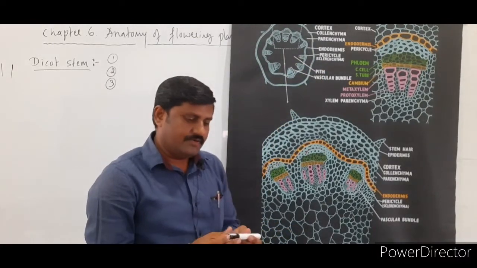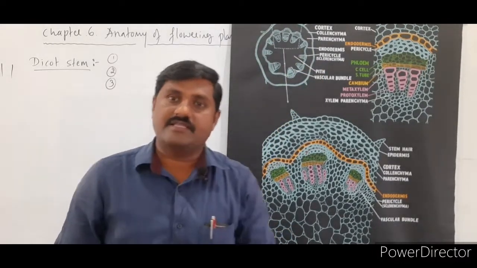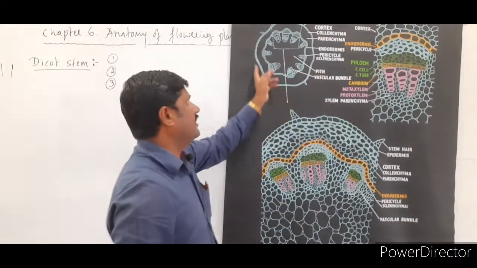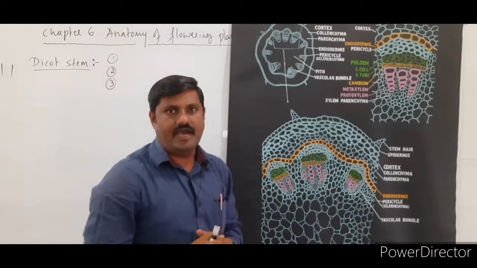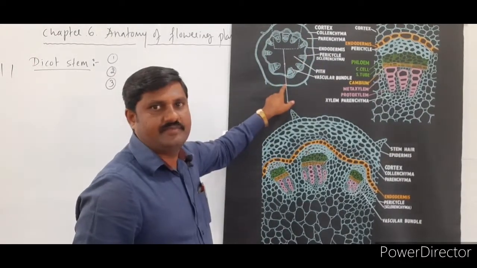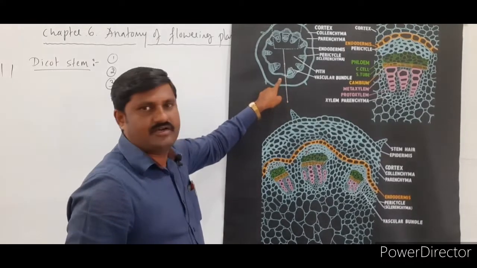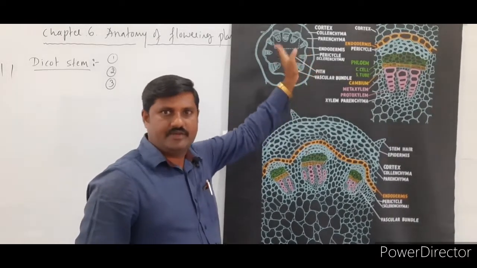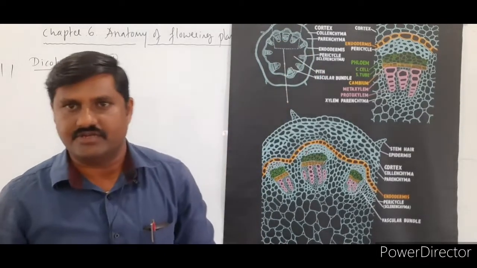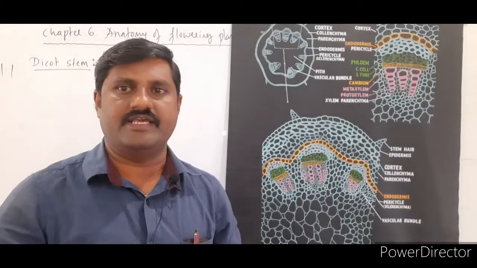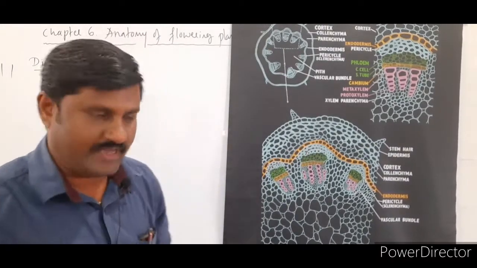Whenever you take the cross section of a stem, the stem looks circular in shape, and it has the major parts: the outermost epidermis, followed by the cortex, and then the endodermis as well as the stellar region that you come across there. All these parts let us study now one by one.